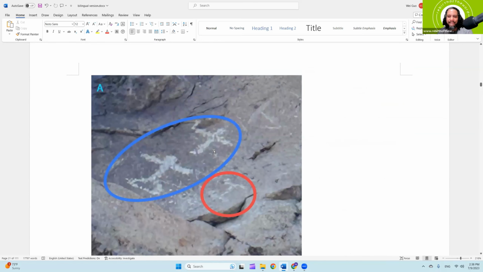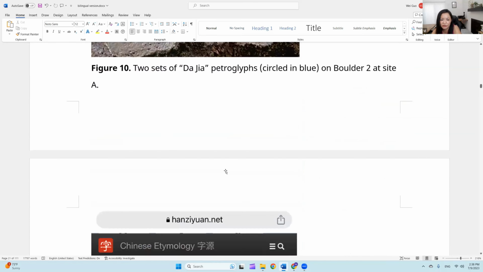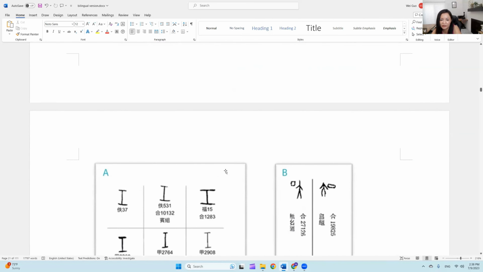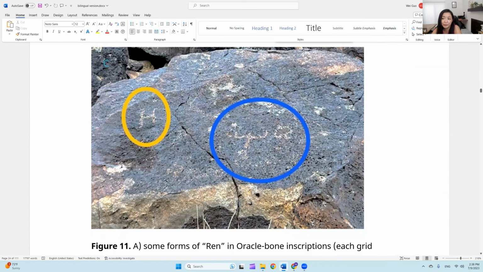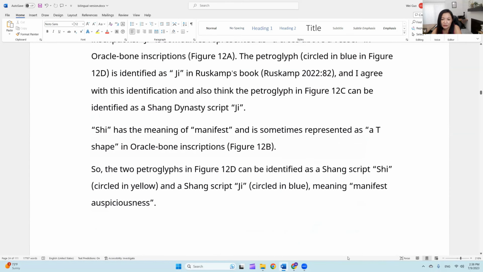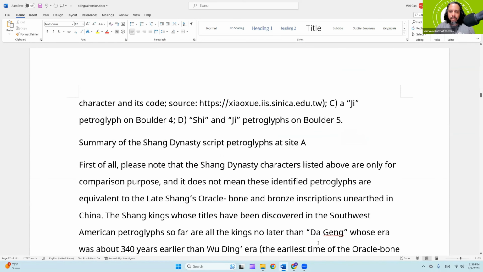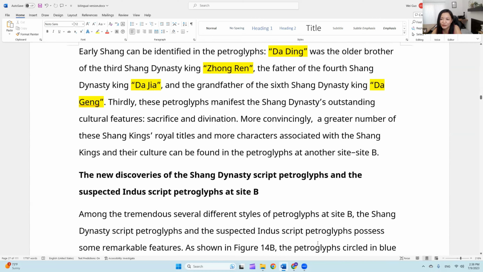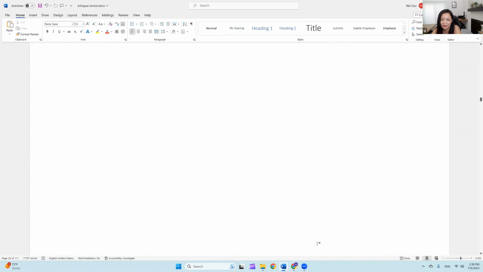And not only put together with 大甲, also put together with 大甲's father, 大丁 here, right? So how coincident? How much could the coincidence probability be here?